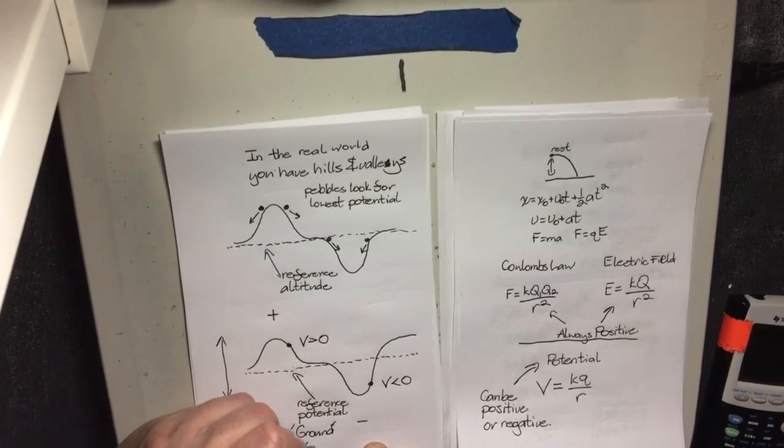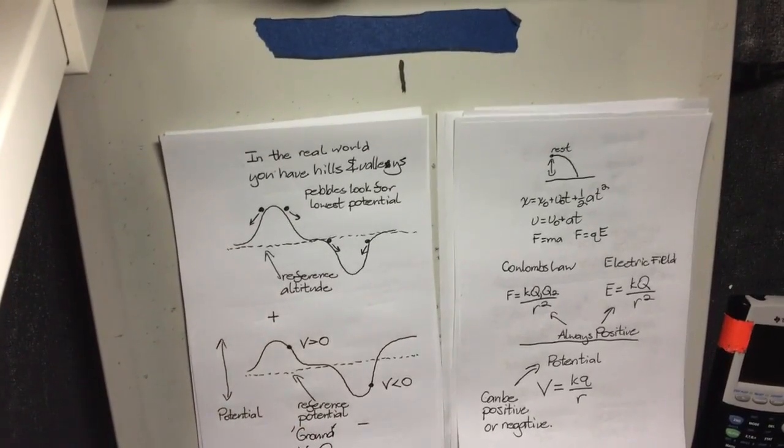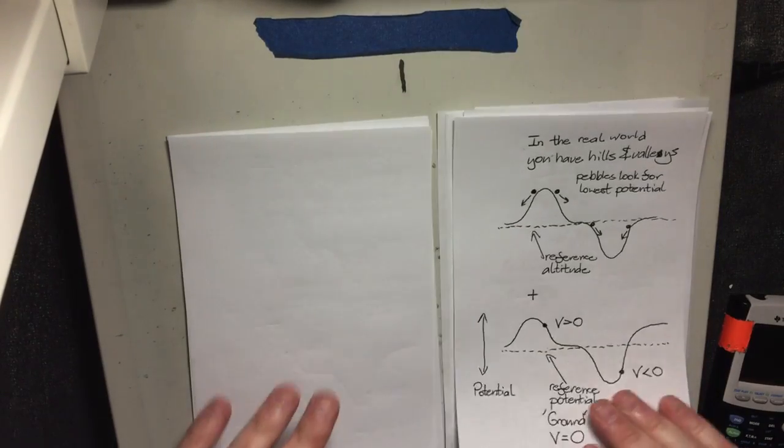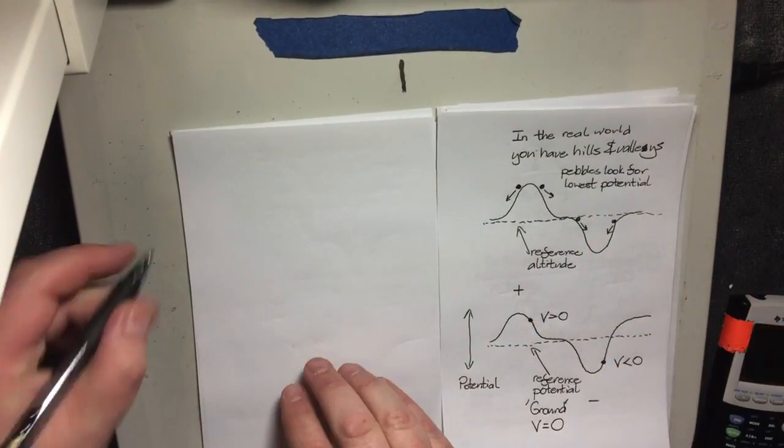And this potential of ground is 0. Now, let's do some simple examples.